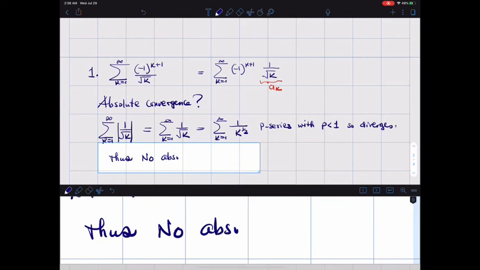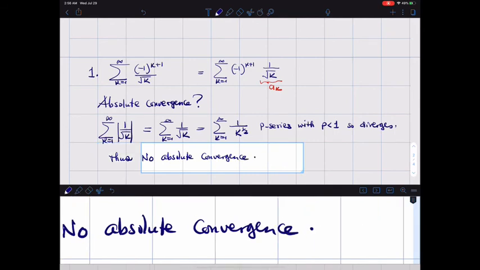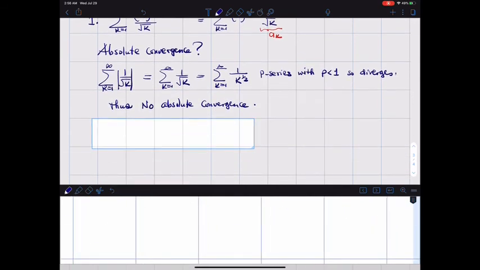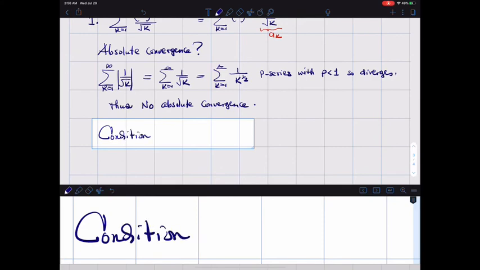It doesn't converge absolutely. All right, let's look at conditional convergence, since there's no absolute convergence.